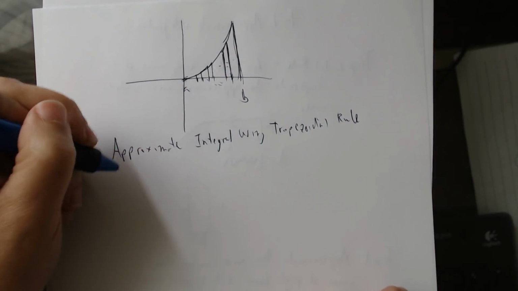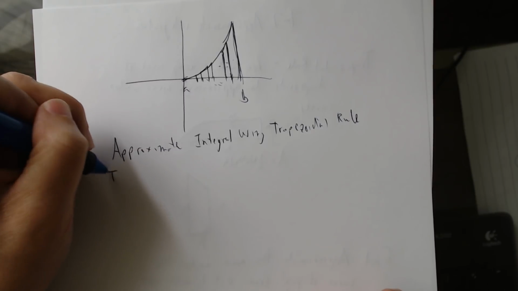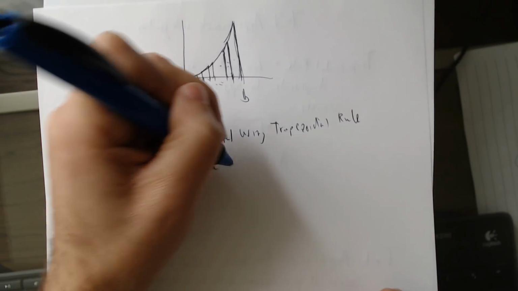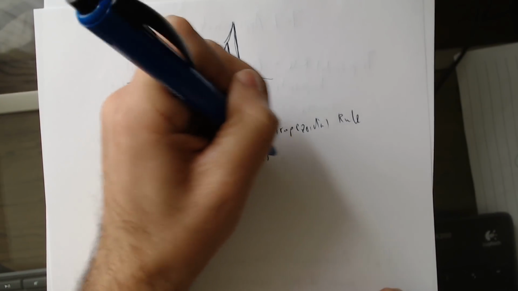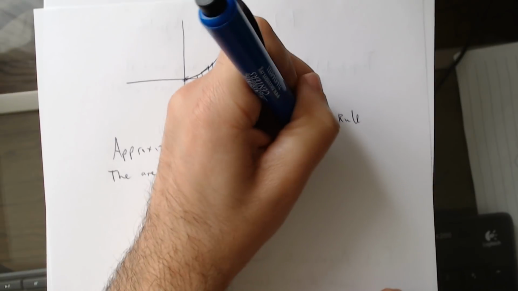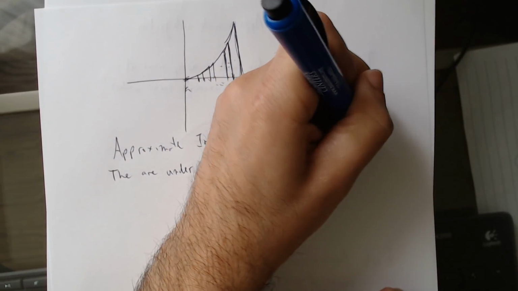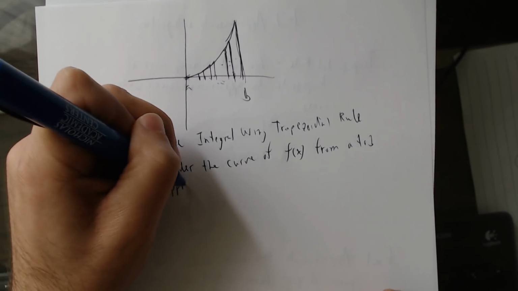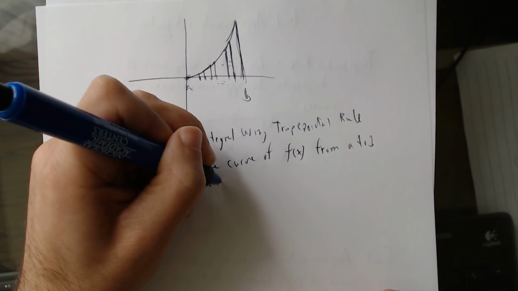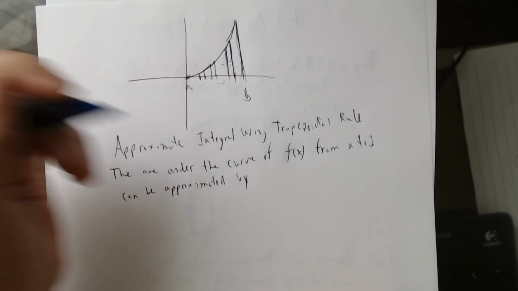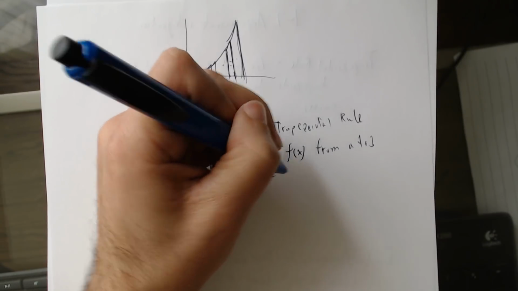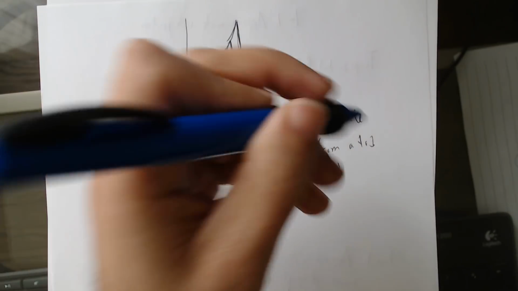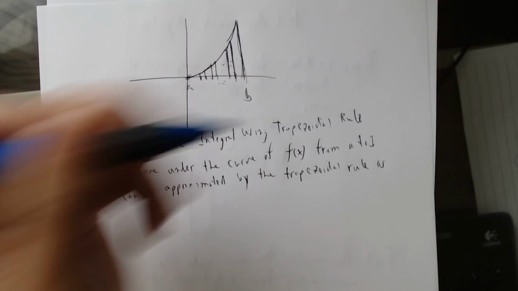So we could say the area under the curve of f of x from A to B can be approximated by the trapezoidal rule as the following.